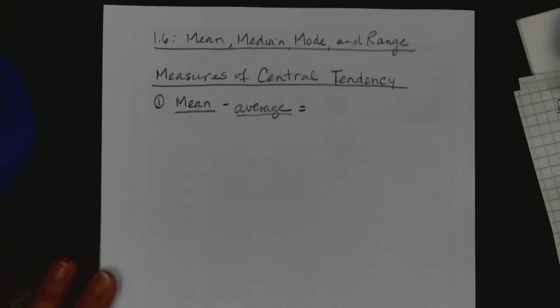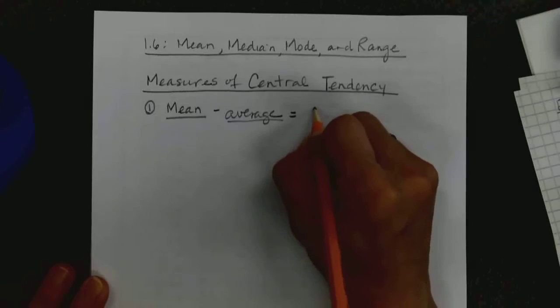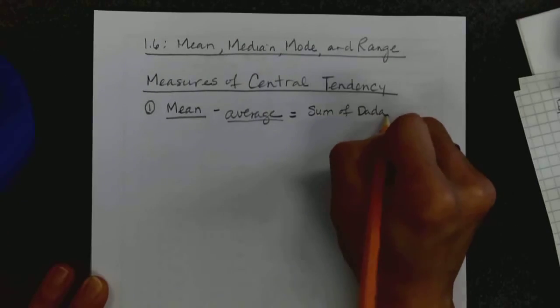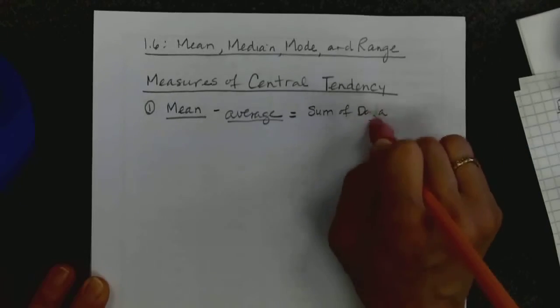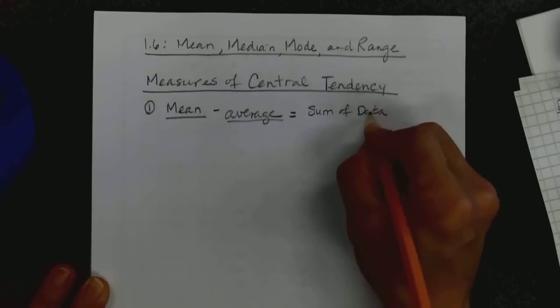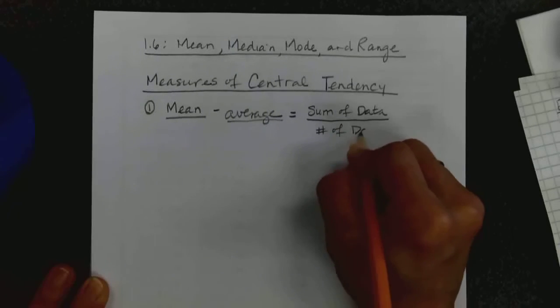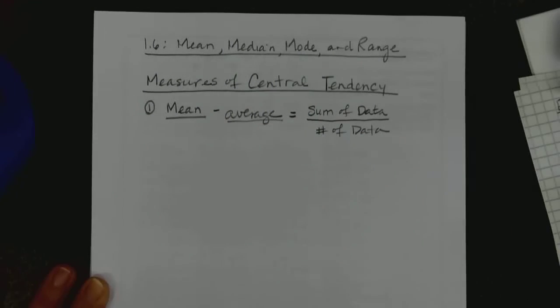Add them all up and then divide by how many numbers there were? Yeah, so you want to get the sum of the data, you add them all up, that's what the sum means. And then you divide by the number of data. Okay? So add them all up and divide by the number of data you collected. That's how you find the mean, which is another word for average.